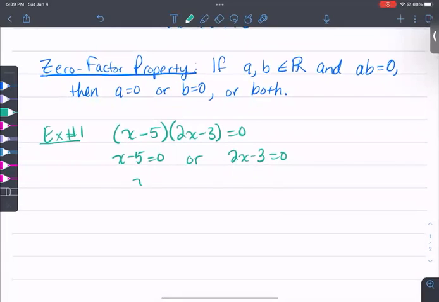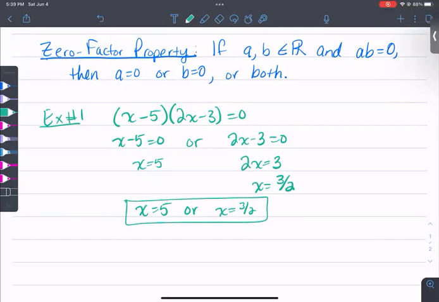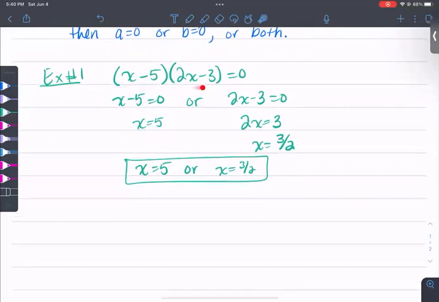So for the one on the left, I would add 5 to both sides and get x equals 5. For the one on the right, I would start by adding 3 to both sides, 2x equals 3, and then divide by 2, which is 3 divided by 2. So my solutions to this would be x equals 5 or x equals 3 over 2, according to the zero factor property. So we use that, like I said, when solving quadratics. So this particular quadratic was already factored and set equal to 0.